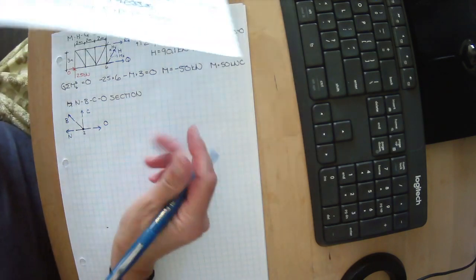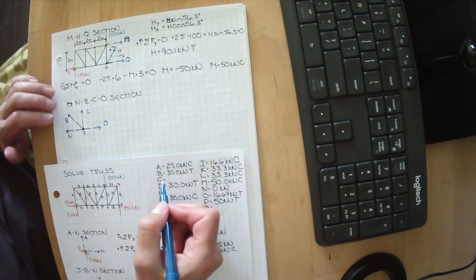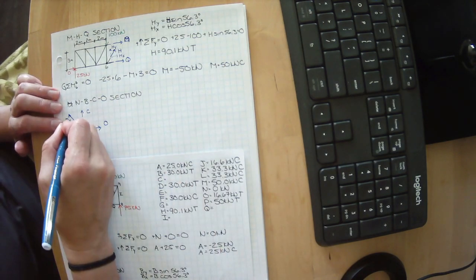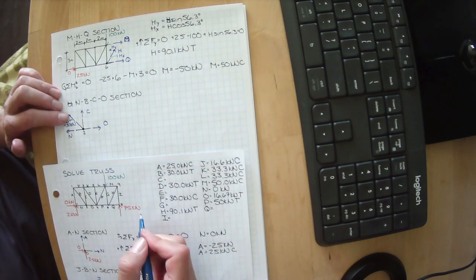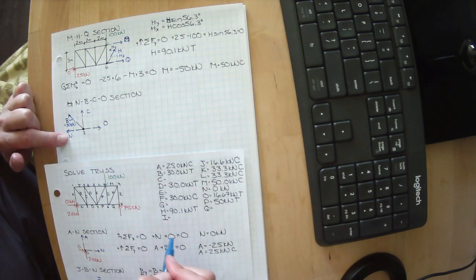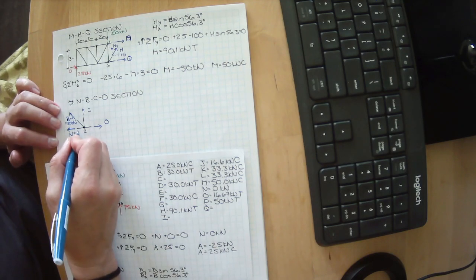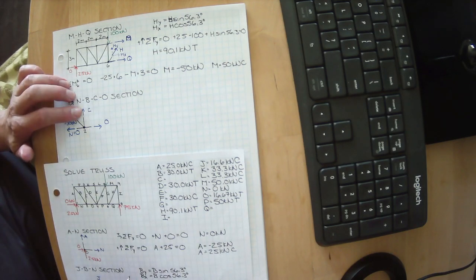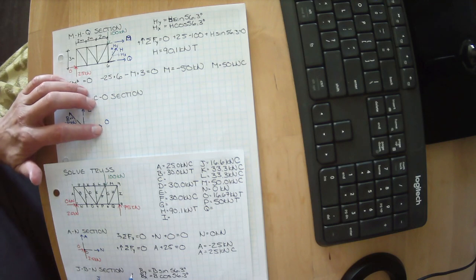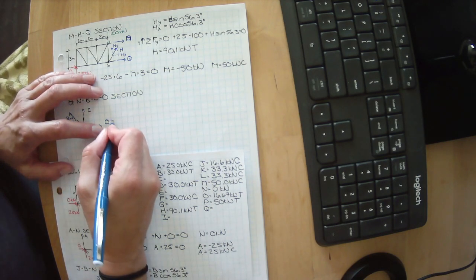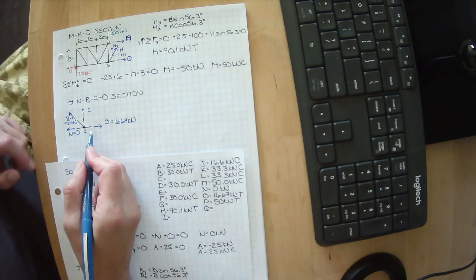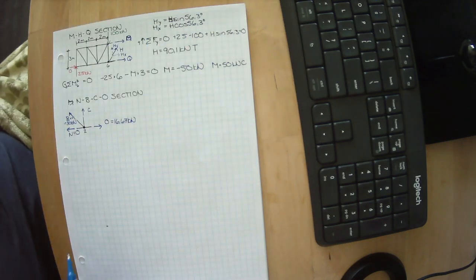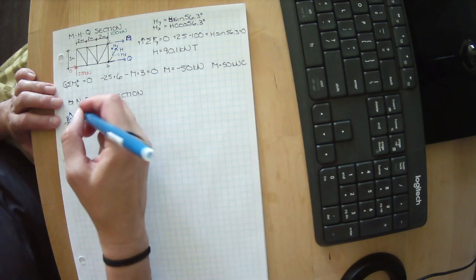Let's just look if we know the values of any of these. Well, B, we know equals 30 kilonewtons in tension, which we've drawn. N equals 0. C we don't know. And O we know equals 16.67 kilonewtons of tension, and we've drawn it in tension. Well, that works out pretty well.